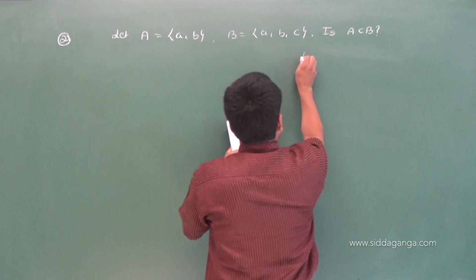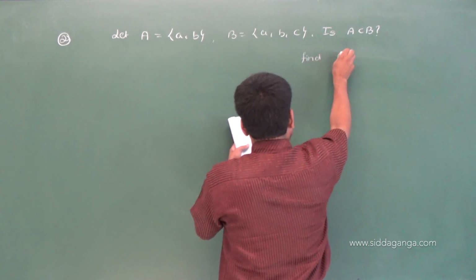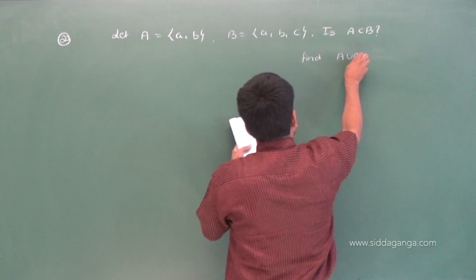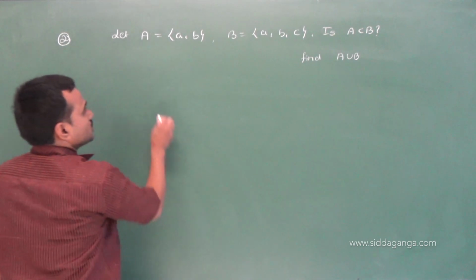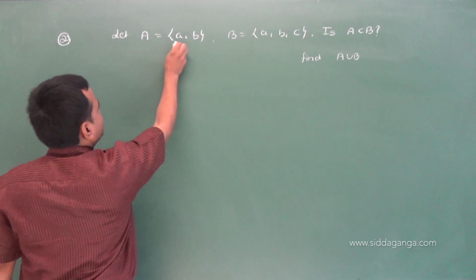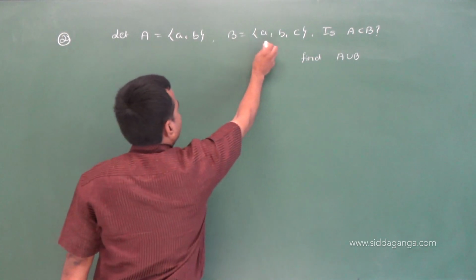Next, find A union B. So A is equal to {A, B}, B is equal to {A, B, C}.